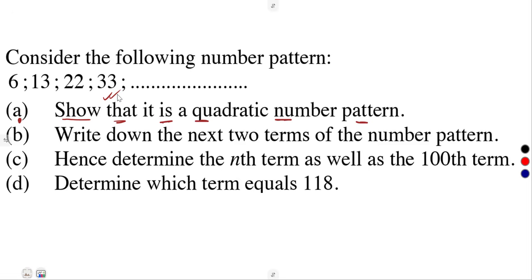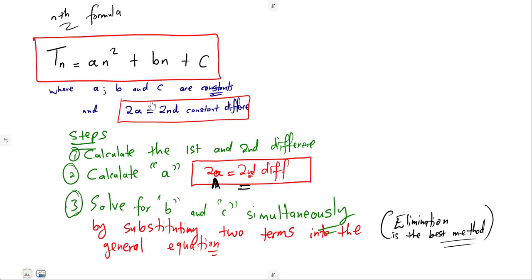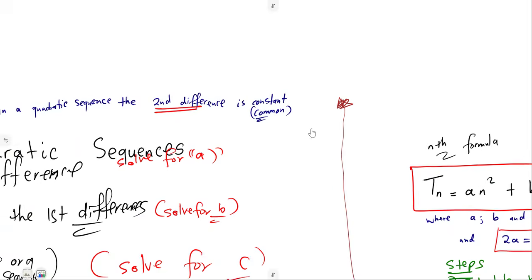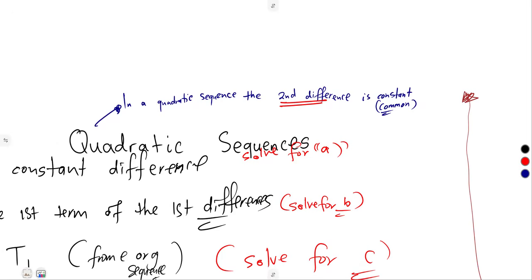Okay. So these are our terms: 6, 13, then 22 and 33, and so on. We do understand that when we are dealing with a quadratic sequence or a quadratic pattern, there is a constant second difference.